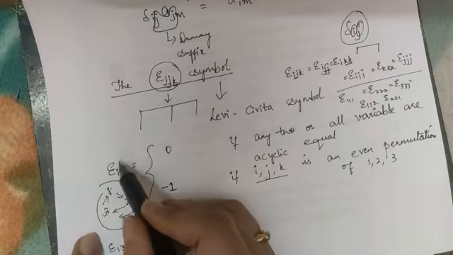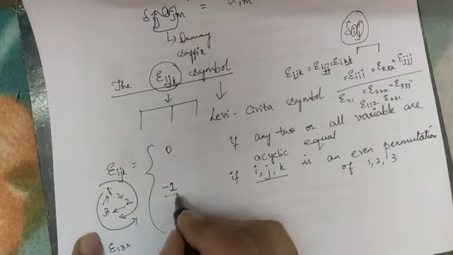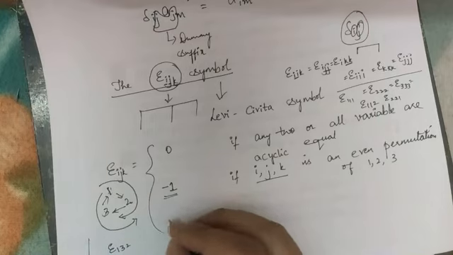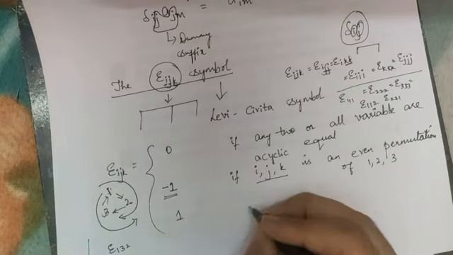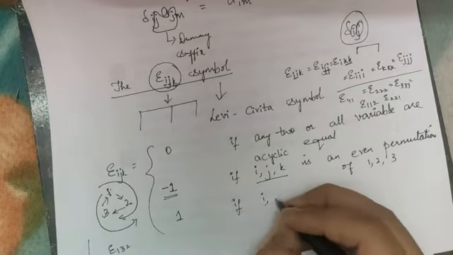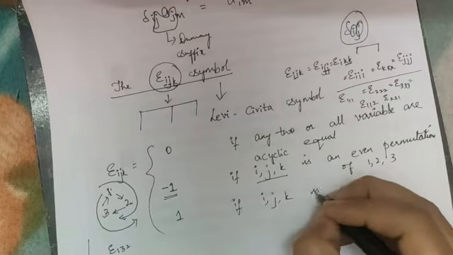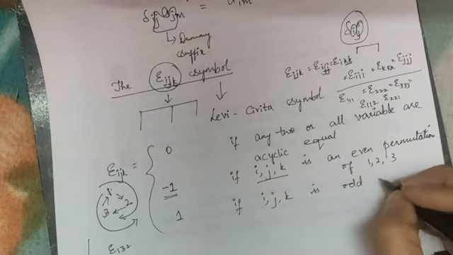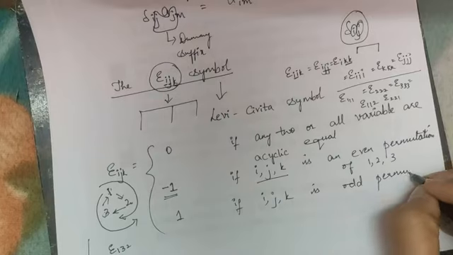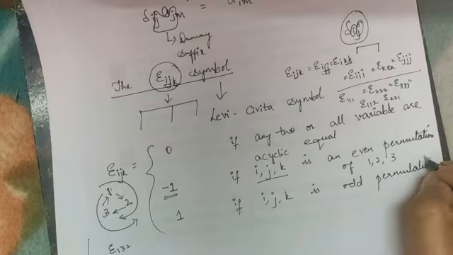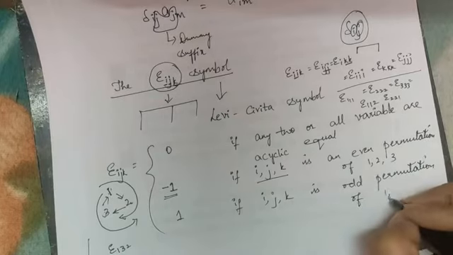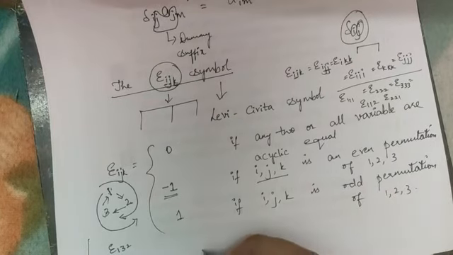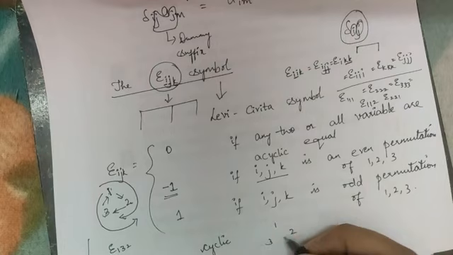For all these values, your epsilon ijk takes -1, and it will take the value 1 if ijk is an odd permutation of 1 2 3. That means cyclic, 1 2 3.